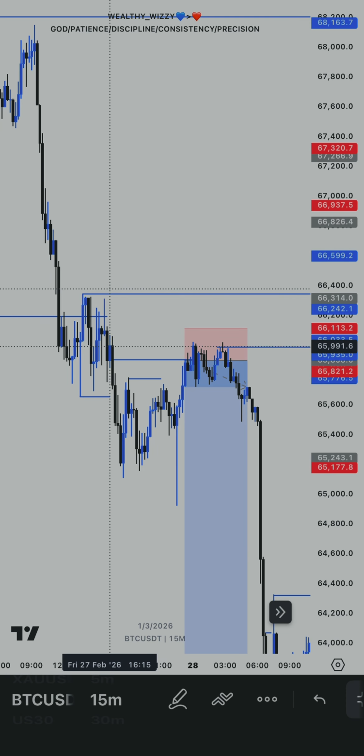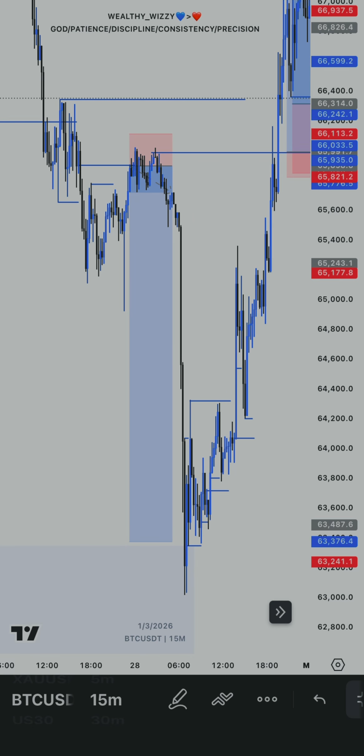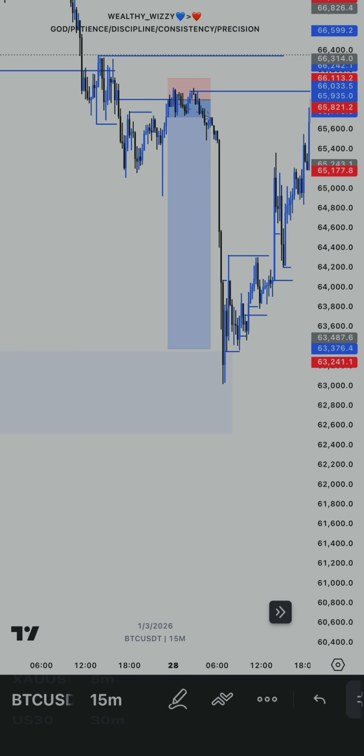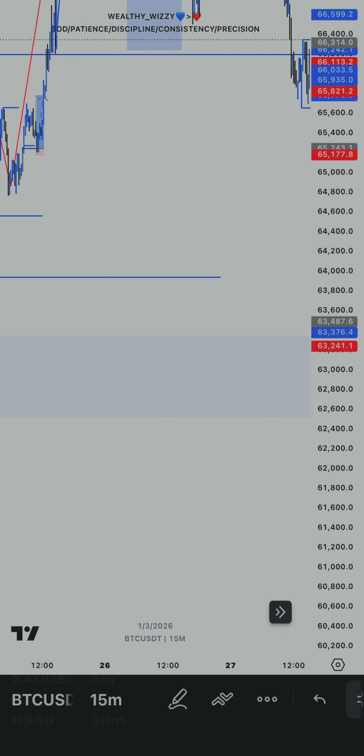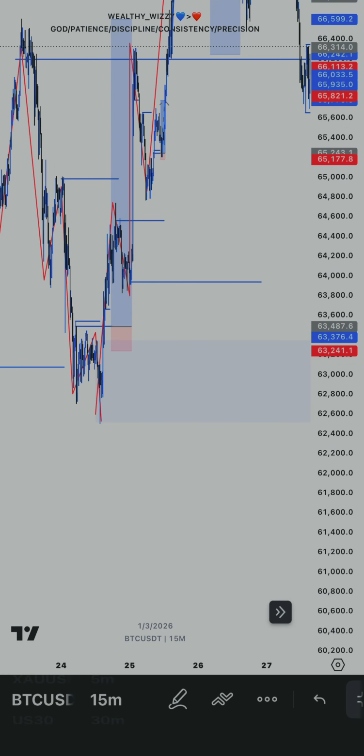So I took my trade from this 15 minutes order block, and the trade went well as expected. Now my TP levels were on the 2-hour time frame, where price gave us our MSS.